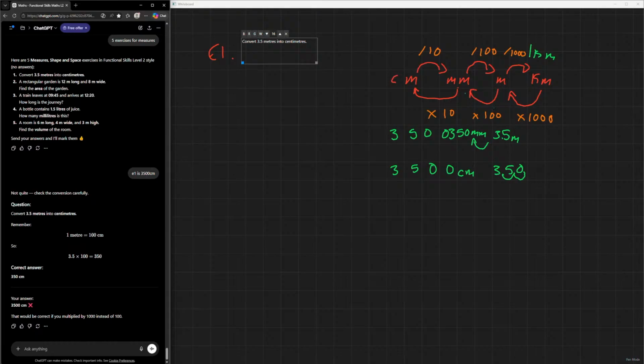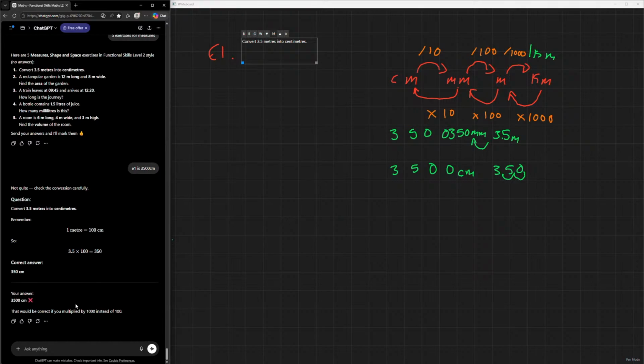To go to millimeters, we need 350, right? So I did something wrong. Oh my days. Maybe it's the way I wrote it in here.